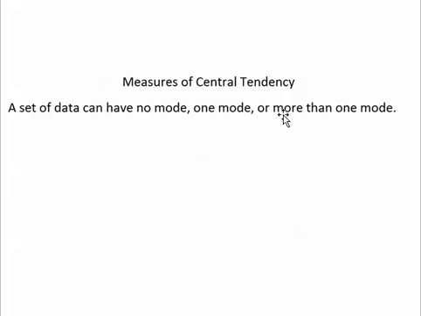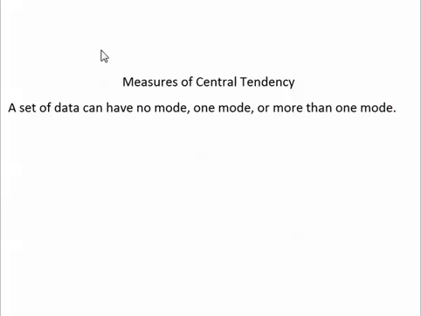A data set can also have more than one mode. If there's 2 values that are tied for first place, and those 2 values appear the most often, and every other value appears less often, there's actually 2 modes. For example, if I ask 6 people, what's your college major? And their answers are psychology, business, nursing, and economics.